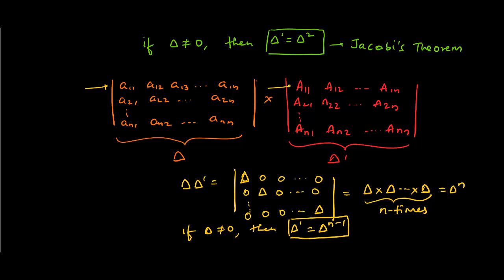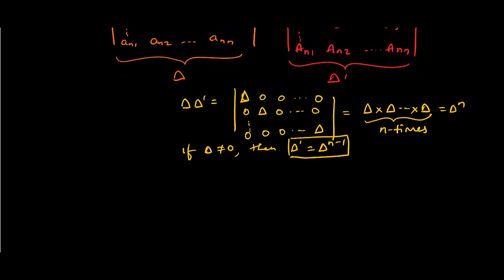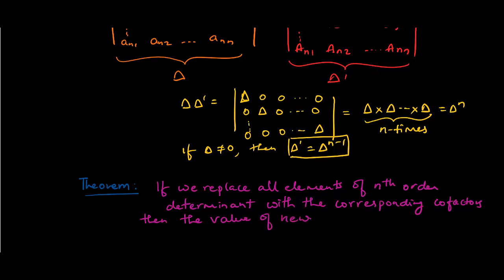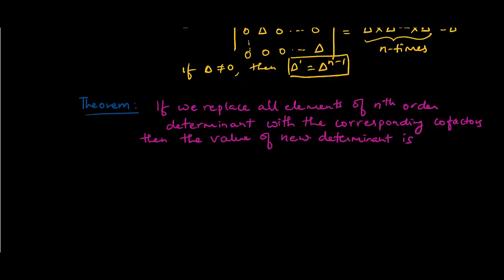So what Jacobi's theorem states is, if we replace all elements of an nth order determinant with the corresponding cofactors, then the value of the new determinant, the one obtained by replacing the elements, is the value of the given determinant to the power n minus 1.